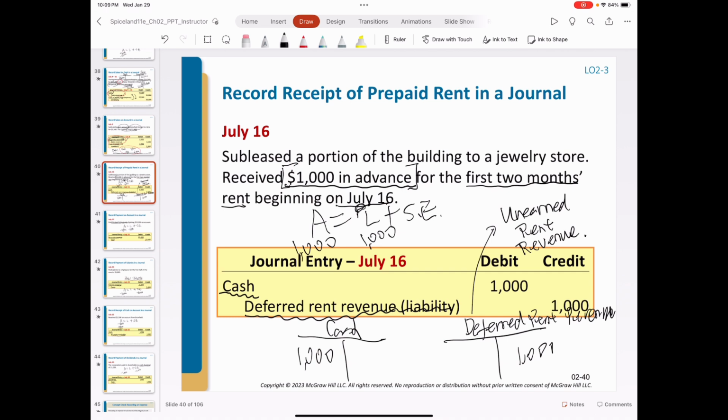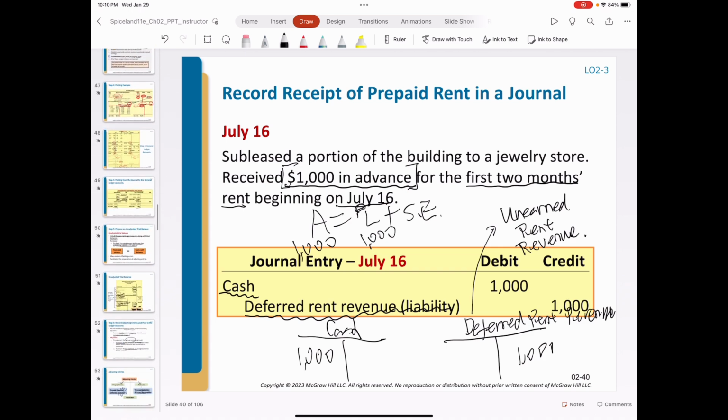Instead, we recognize a liability. Why? Because this is a prepayment from the jewelry store. Make sense? Next, when time lapses, we are going to recognize the revenue which was deferred for this company.